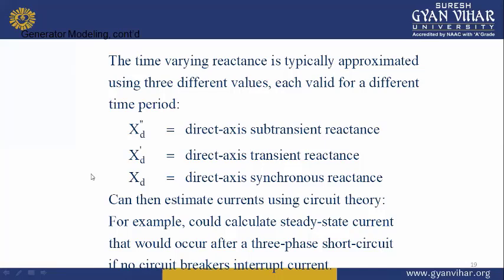This time varying reactance is typically approximated using three different values: the direct axis subtransient reactance Xd double dash, the direct axis transient reactance Xd dash, and the direct axis synchronous reactance Xd. We then estimate the currents using circuit theory. For example, we could calculate the steady state current that would occur after a three-phase short circuit if no circuit breakers interrupt the current.